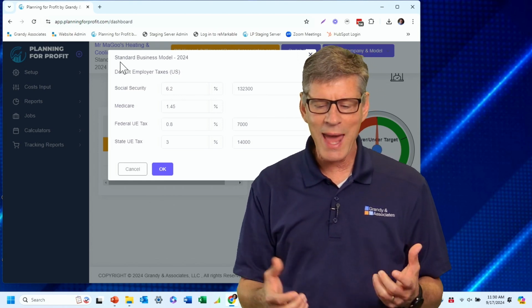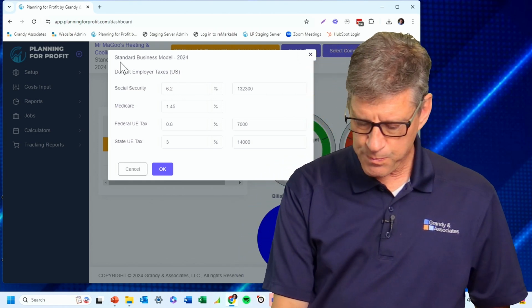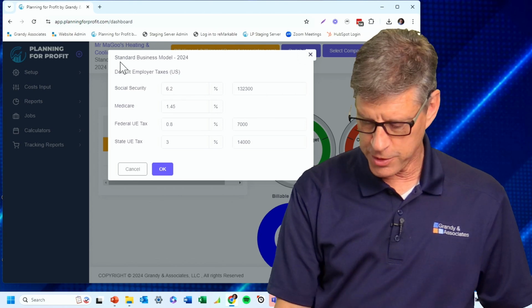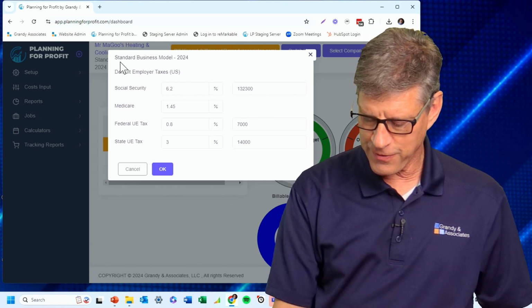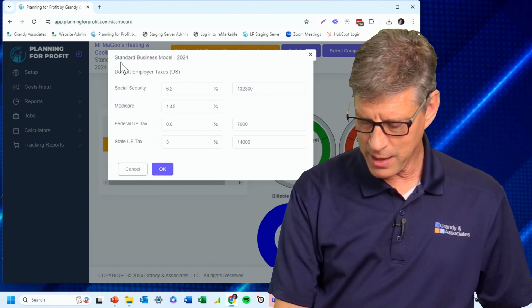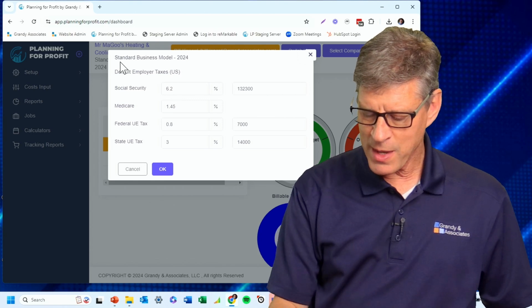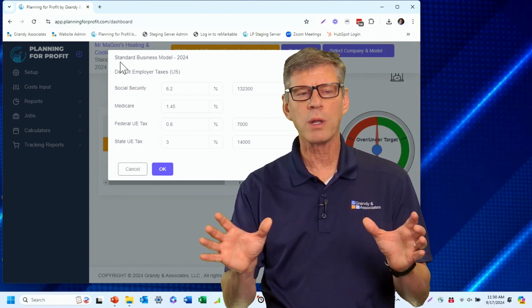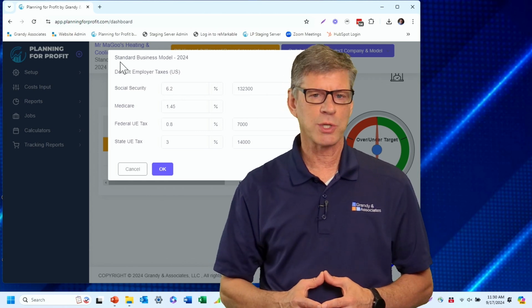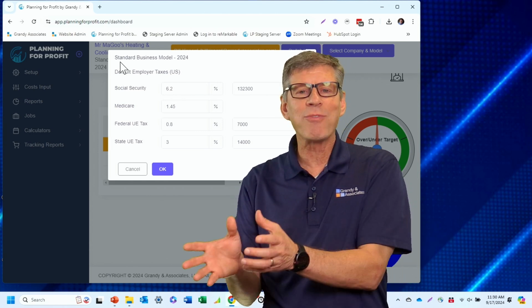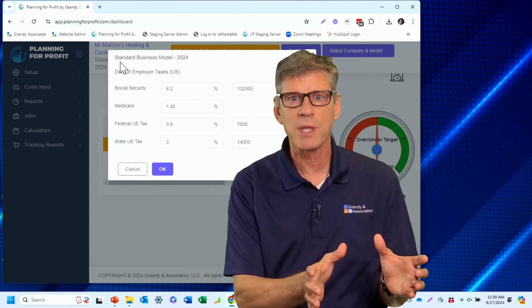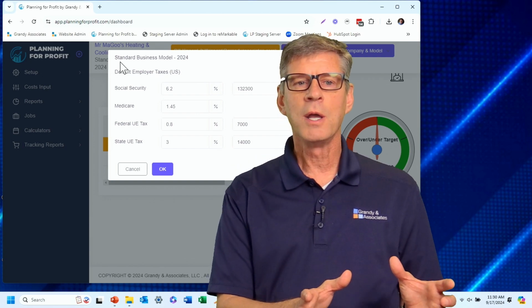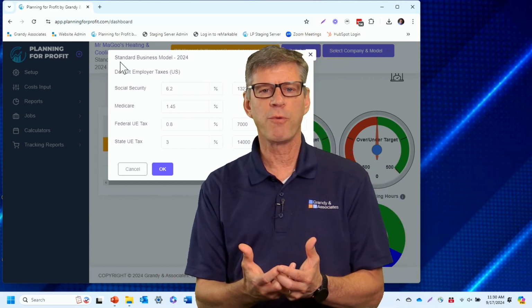When I add up the 6.2 plus 1.45 plus 0.8 plus 3%, that means 11.45% is the total of my company matching taxes, which means I need to add that to the $10,000 that I'm hoping to pay out to my team, so I've got the money built in there for that.